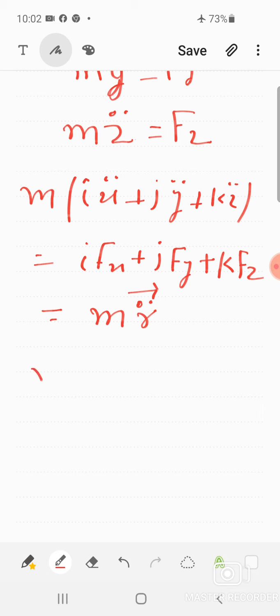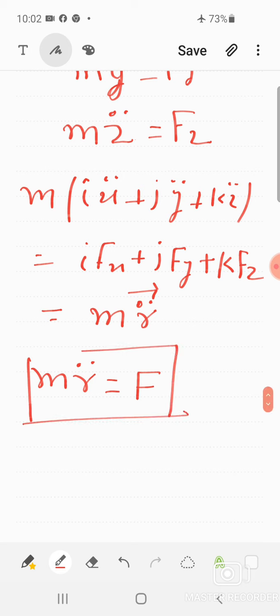That means m r double dot will be equal to F, and that is simply the equation of motion in the Cartesian coordinates from Newton's law, where r is the position vector and F is the force acting on the particle.